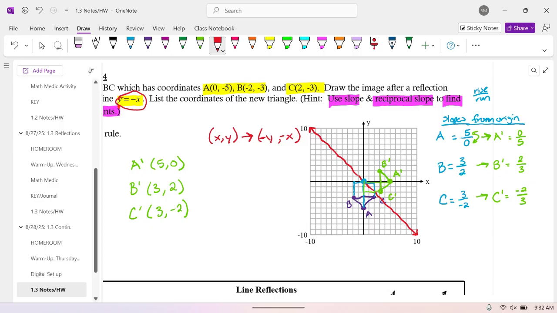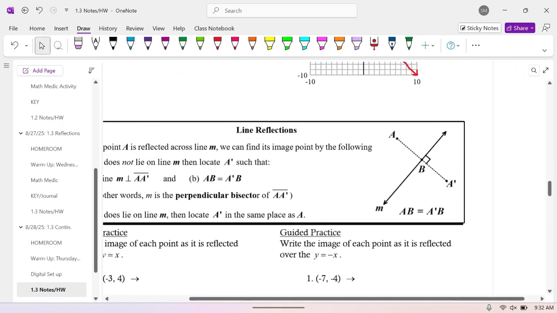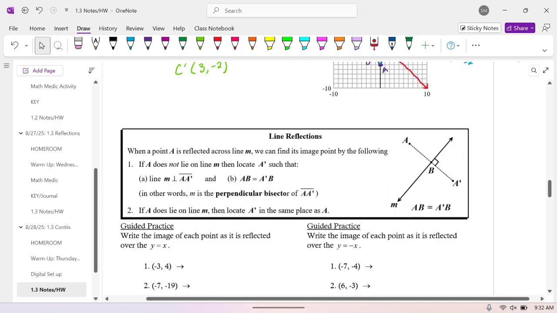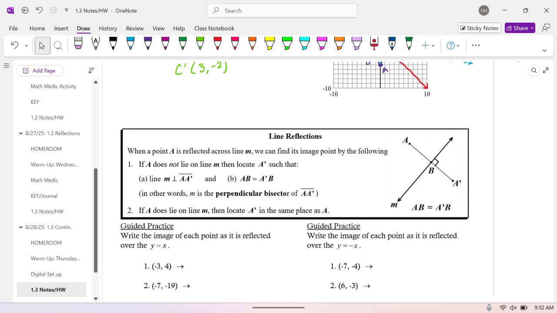All right, any questions on that? All right, so with line reflections, this is when you're just reflecting over any particular line. So when a point A is reflected across line M, so just any line, we find its image point by the following.